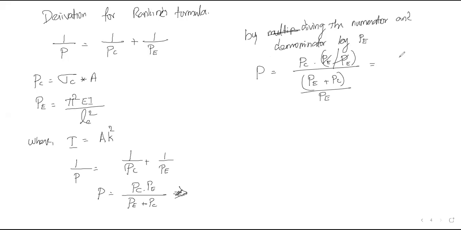So the formula becomes P is equal to PC divided by PE plus PC divided by PE.